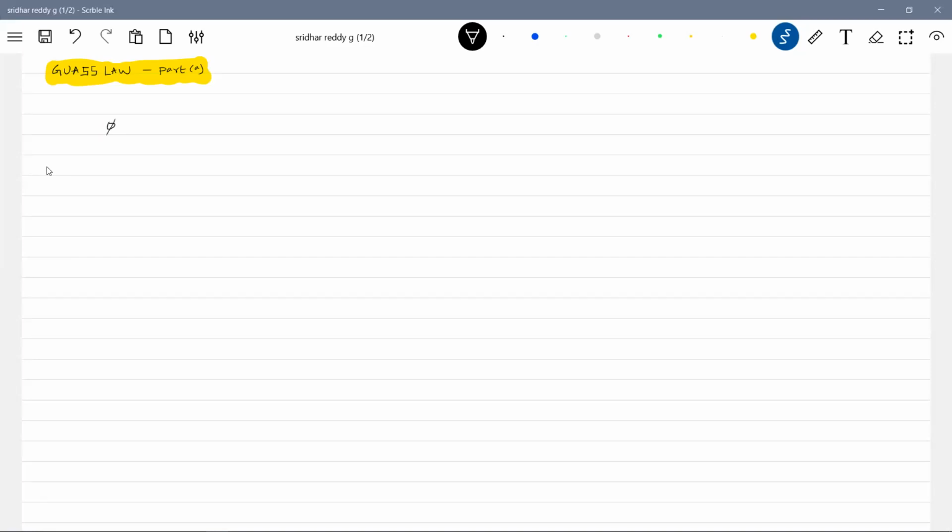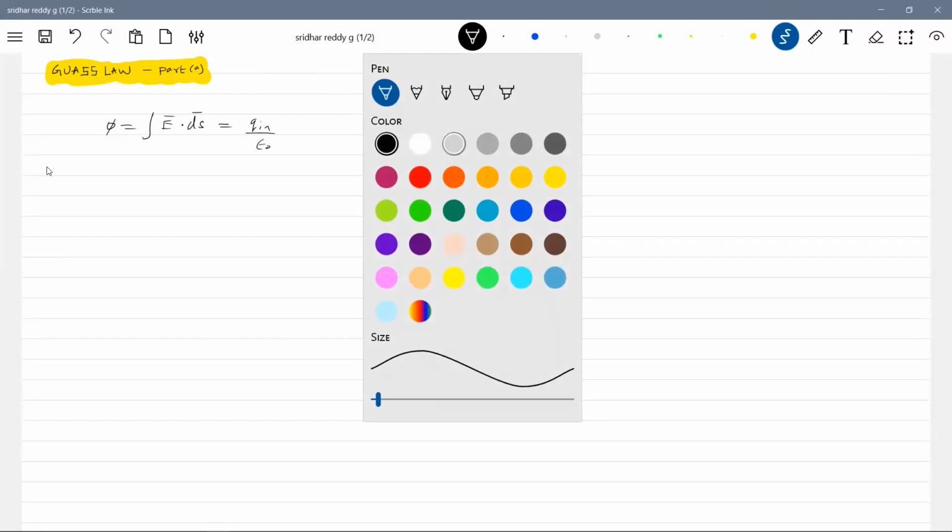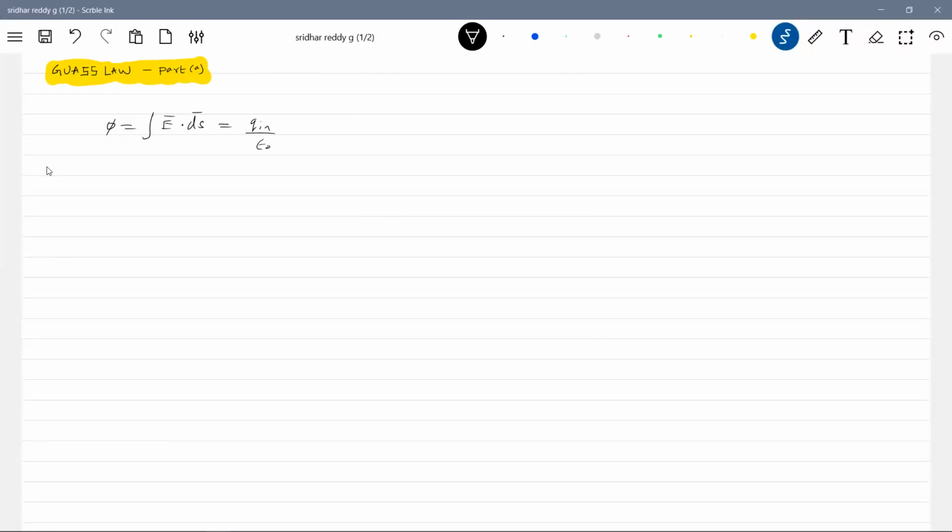So the flux is equal to the integral of E bar dot ds bar equals Q in by epsilon naught. So what is each quantity? We will list them one by one. This is called the electric flux. This is the electrostatic field.